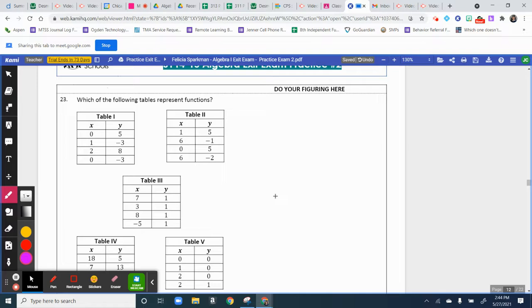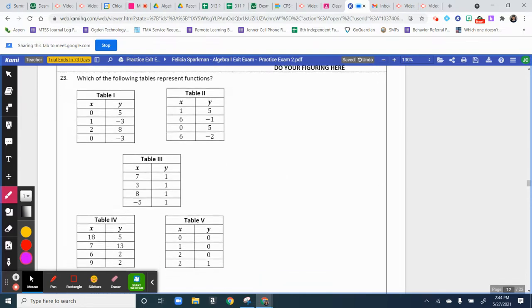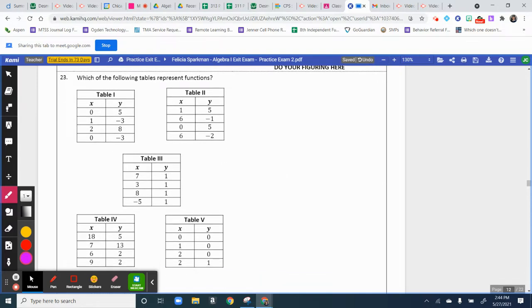All right. Which of the following tables represent functions? So the big thing with functions is that x's are not allowed to repeat. For a function, every x has to have one y. So if you were going to graph it, you can have a straight line, you can have a parabola, you can have a squiggly line.